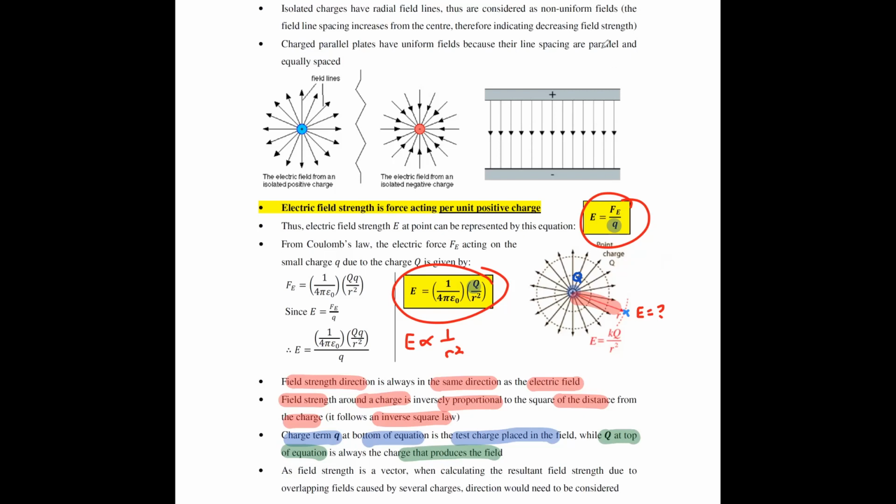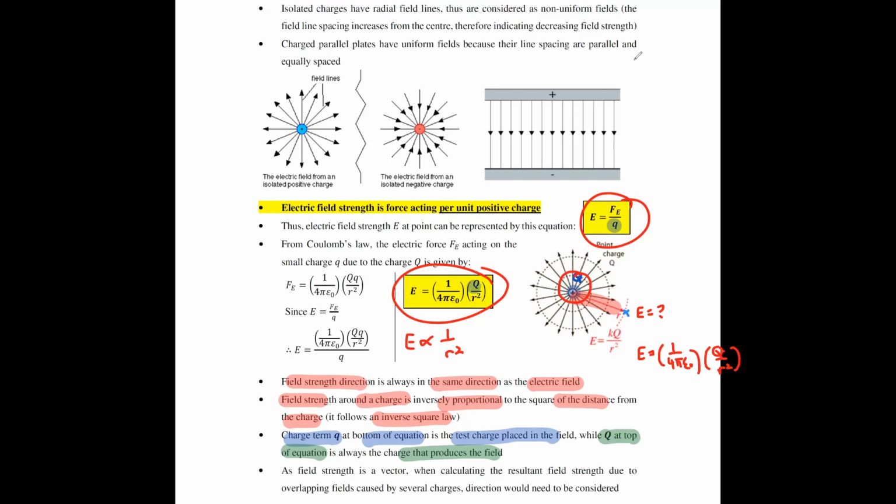You can use two different equations. The first one would be E equals 1 over 4 pi epsilon naught, Q over r squared. The Q here is the charge producing the field. The r here is the separation between that charge and the point that you're considering.